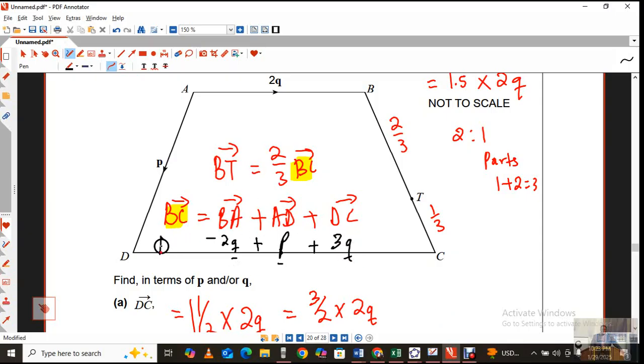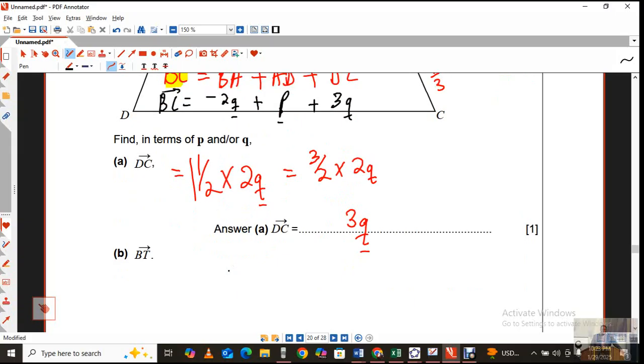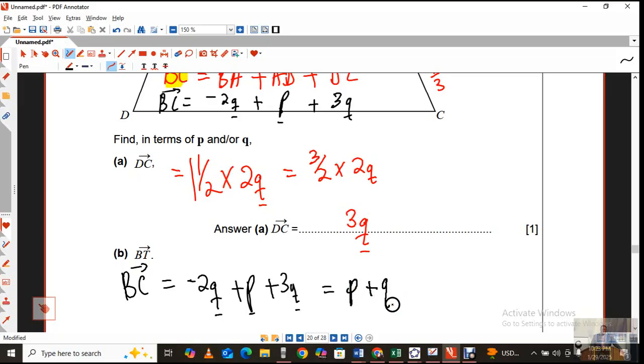So this will give me BC. And I'll just write it down so that you can see. BC was given to me as minus 2Q that I've calculated, plus P plus 3Q. Which gives me 3Q minus 2Q gives you positive Q. So it's the same as P plus Q. That is what BC is equal to.